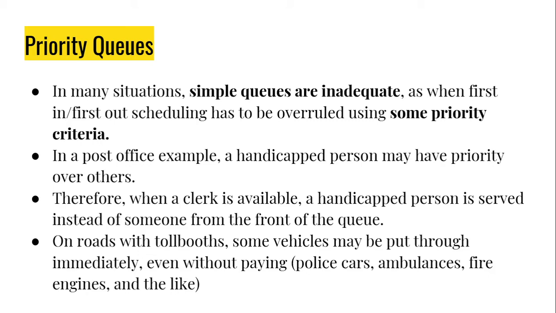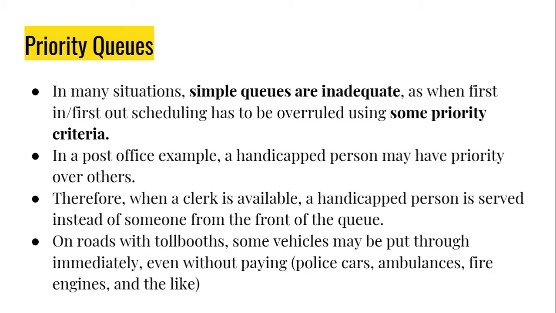For example, when we insert the integer 10, we put a priority on it. In most cases, priority could be high, middle, or low. In a post office example, a handicapped person may have priority over others.